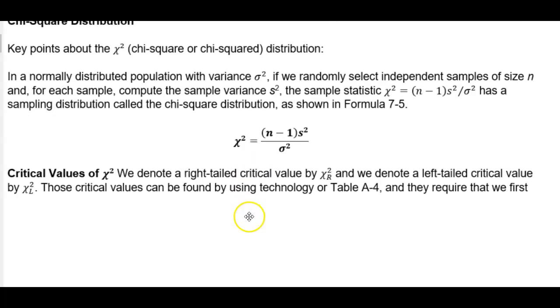Now, critical values of the chi-square distribution. We denote a right-tailed critical value by chi-squared with a subscript R, and we denote a left-tailed critical value by chi-squared with an L as a subscript.